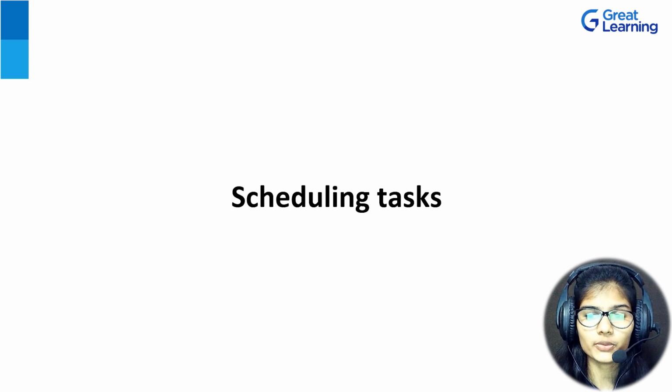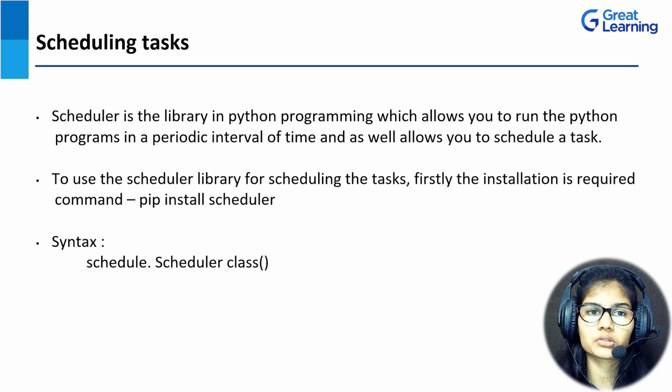Next, we saw the scheduling of tasks, how we could schedule some task with the help of the Python programming language. We have a library in Python, that's the scheduler library. It is one of the libraries in Python which allows you to run Python programs at periodic intervals of time.